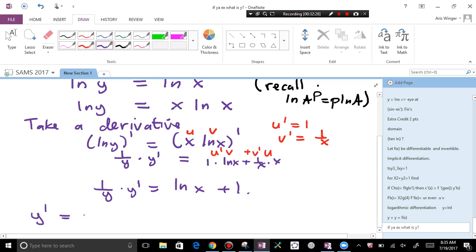Y prime equals y times the natural log of x plus 1. But then what was y again? Y was x to the x. That's x to the x times the natural log of x plus 1. That is the derivative.